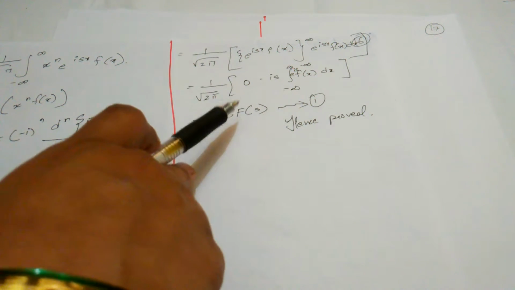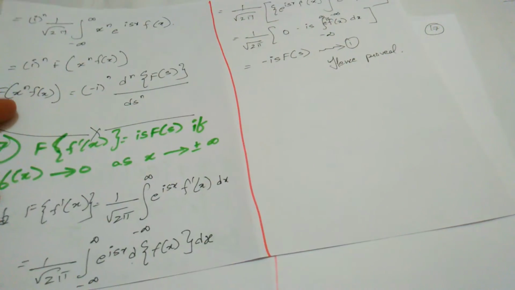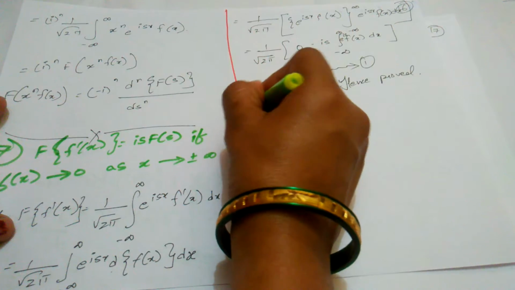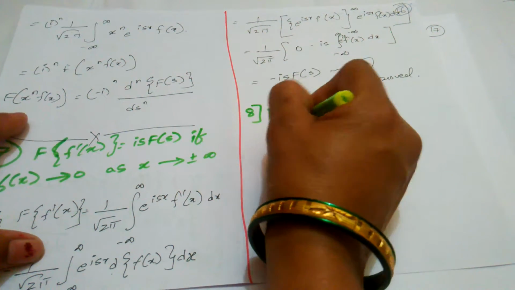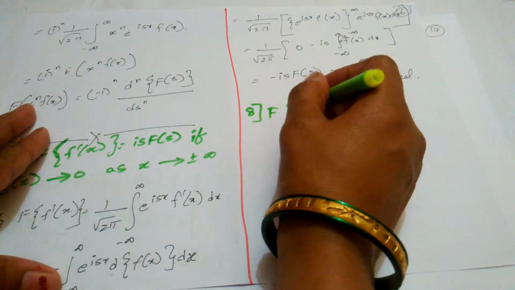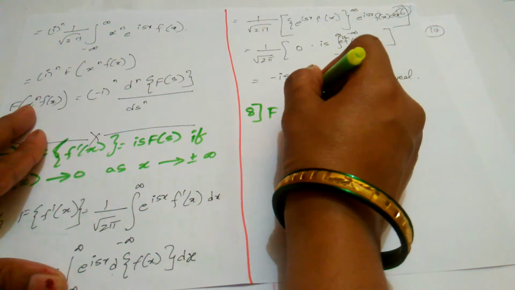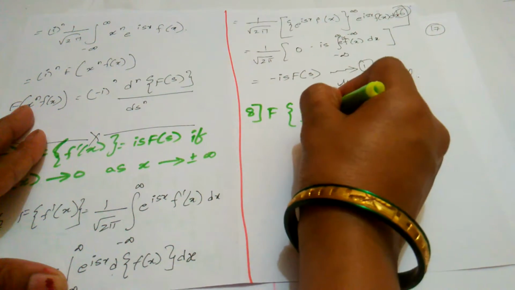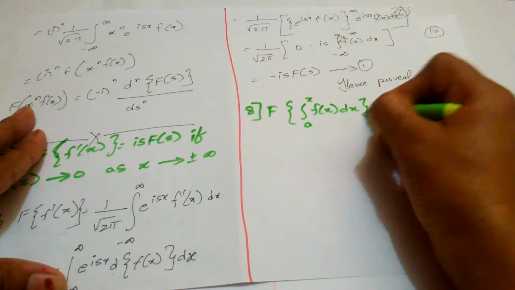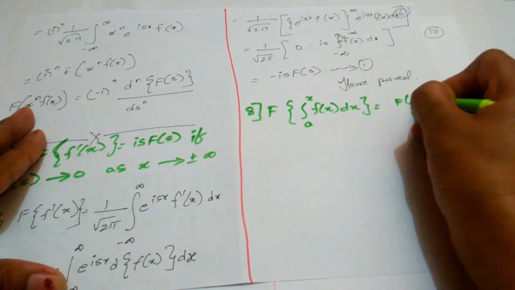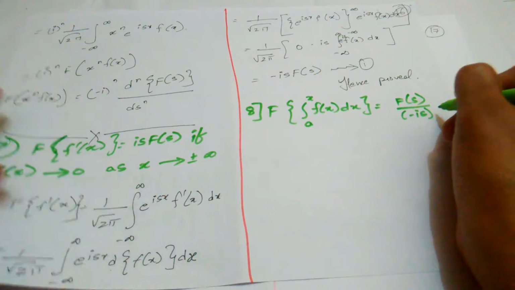Okay, now the last property which we have to solve here is F of integral a to x f(x) dx, which is equal to F(s) divided by minus i s.